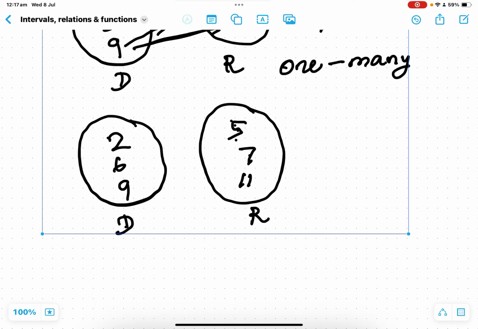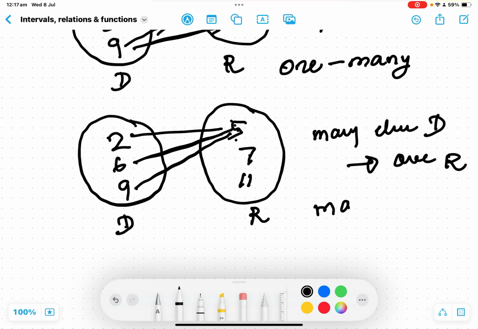So many elements in the domain are matched with one element in the codomain or the range. So this is called many to one relationship.